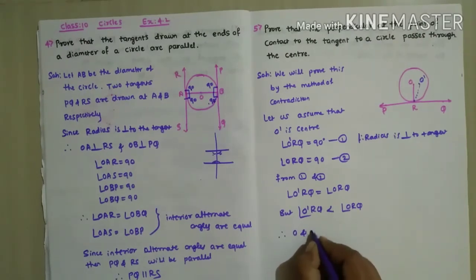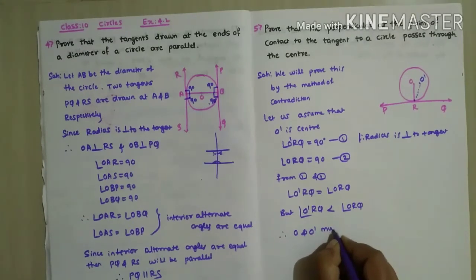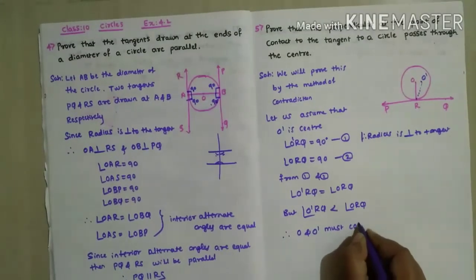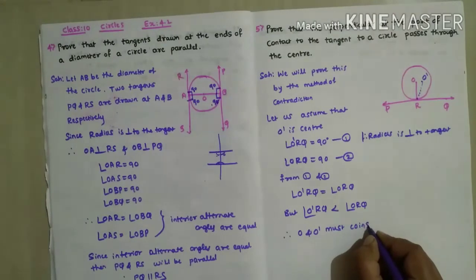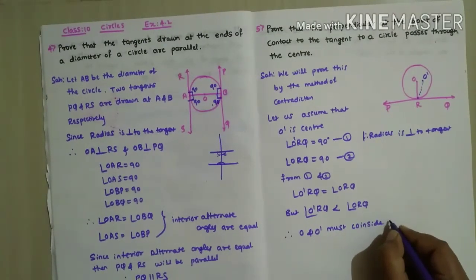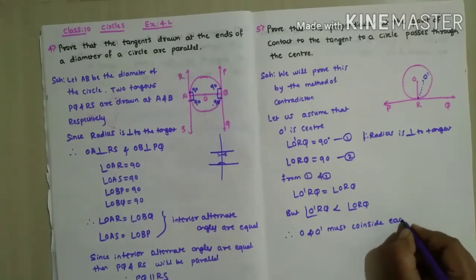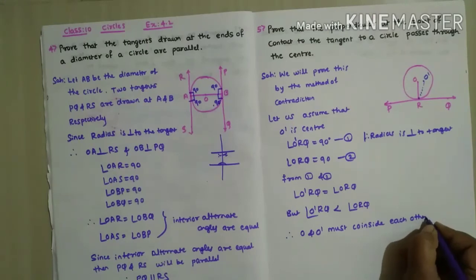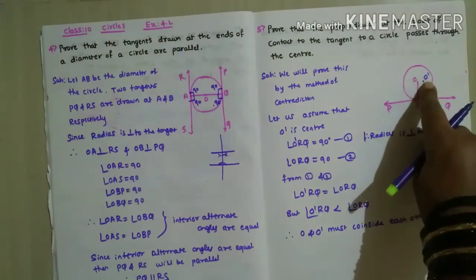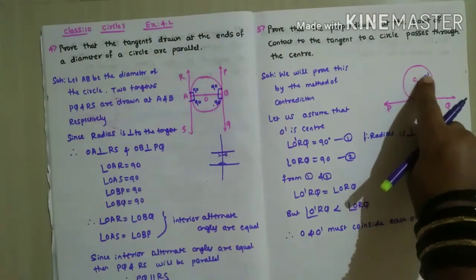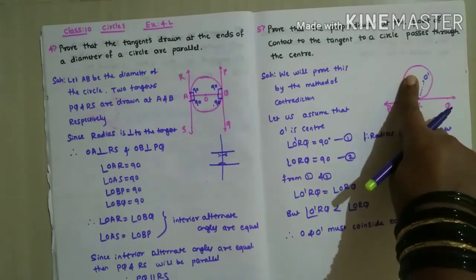O and O dash must coincide with each other. Means we should not take O dash as another point. O dash should be the center there, meaning it should coincide with O only.